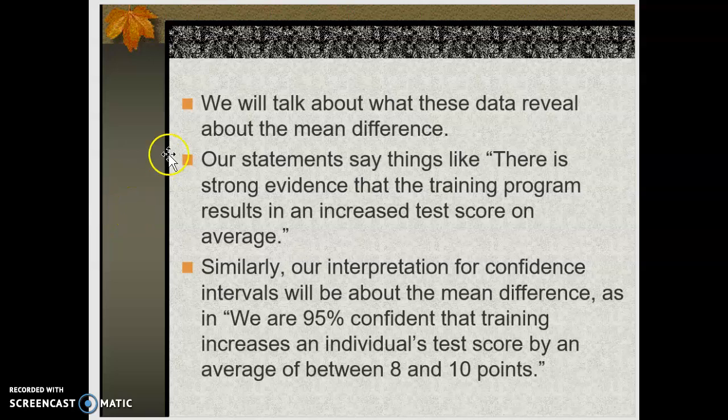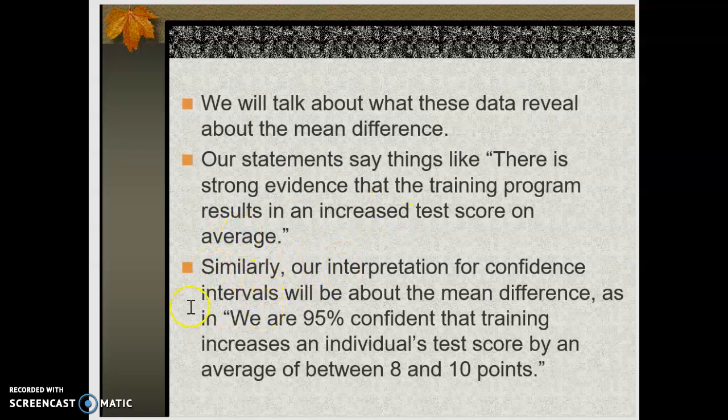Our inference will tell us what the data reveal about the average of all the differences. So example statements might be like, there's strong evidence that a training program results in an increased test score on average. So the increased test score is what we're seeing line by line, and we're talking about the average impact of that.